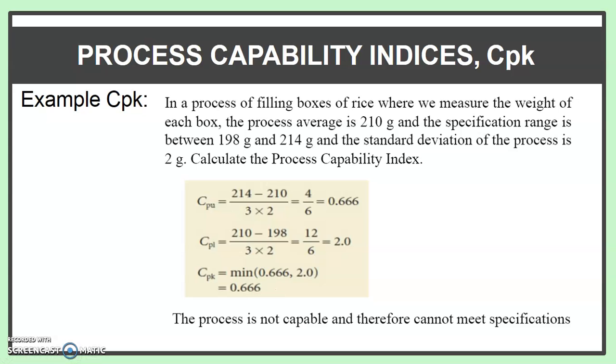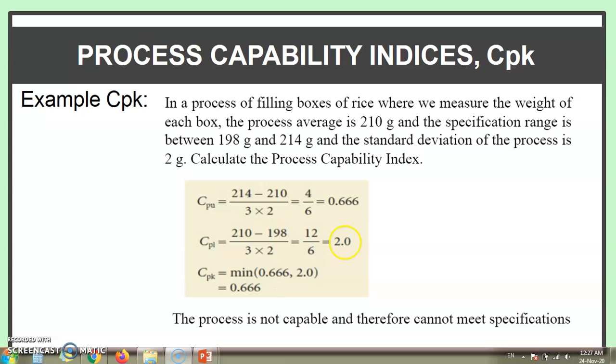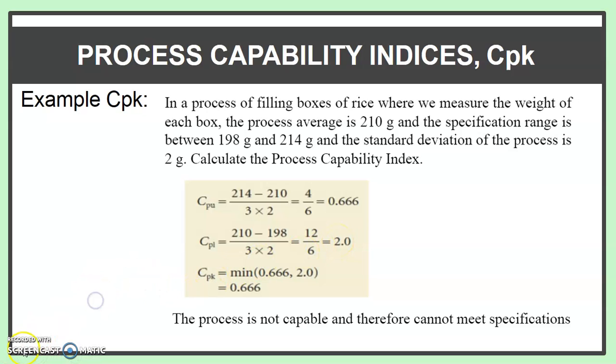What is meant by 0.666? 0.666 is the distance of your process to the specification limit. So this is the lower specification limit, upper specification limit. Your graph will be like that. This is the mean of your process.